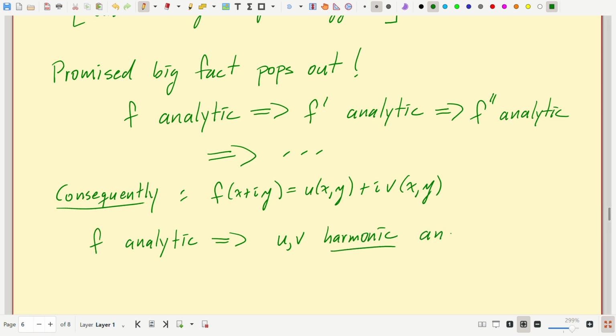And not only that, they're C infinity smooth. That big thing.